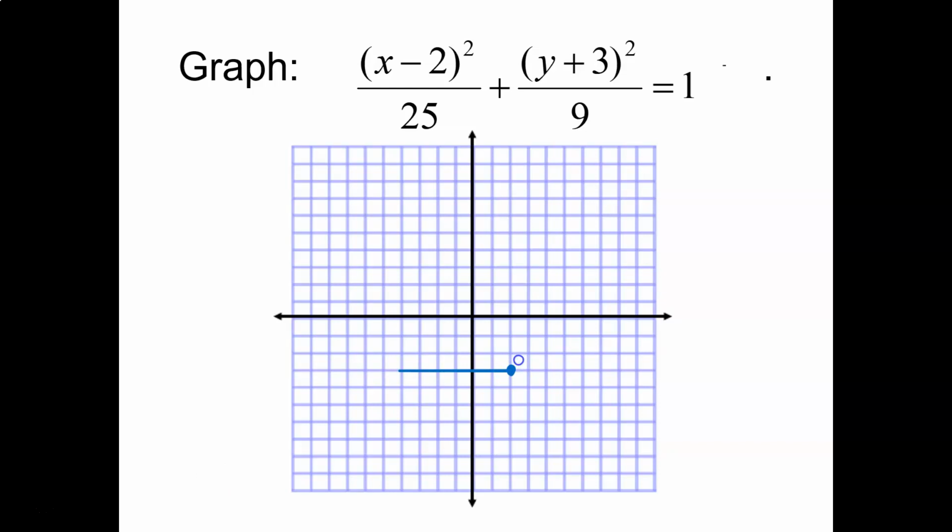And then right here, underneath my x, I have 25. I'm going to take the square root of that. That's going to give me 5. And that is my horizontal distance. So I will go 1, 2, 3, 4, 5 to the right, and 1, 2, 3, 4, 5 to the left.